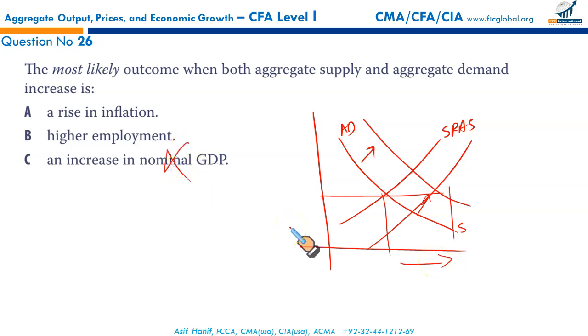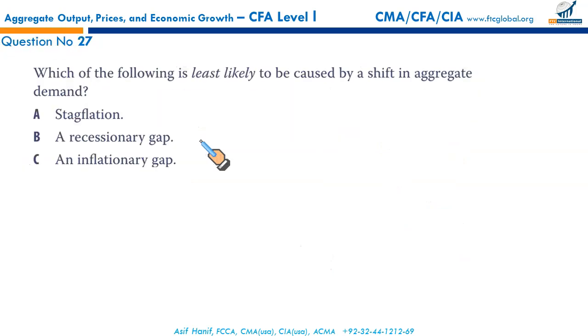When there is a rise in real GDP, that would result in higher employment. We can't say there is a rise in the inflation price level because we do not know the magnitude of the increase in these. What we know for sure is that the real GDP would increase, which means a higher level of employment and a lower level of unemployment. Okay. Next, so that makes B the correct option.